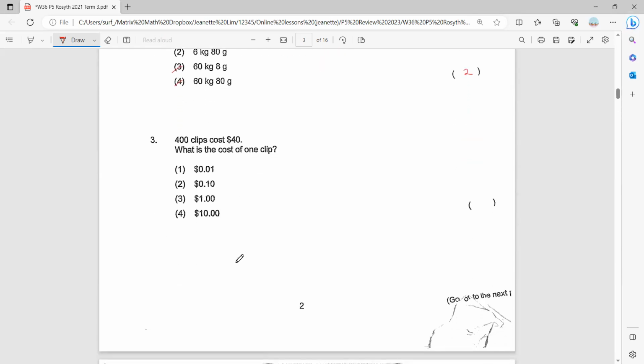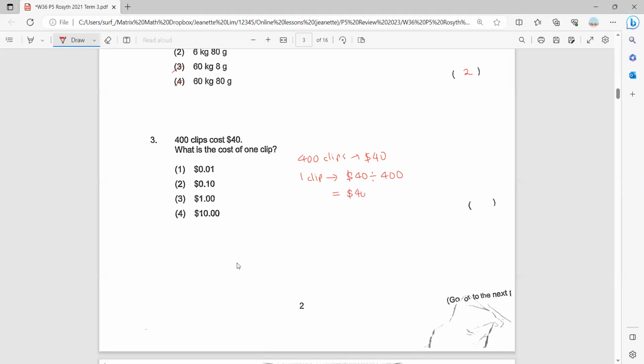400 clips cost $40. What's the cost of 1 clip? Okay, so we have 400 clips, $40. For 1 clip, we will have to divide by 400. Okay, so how do we divide by 400 without a calculator?